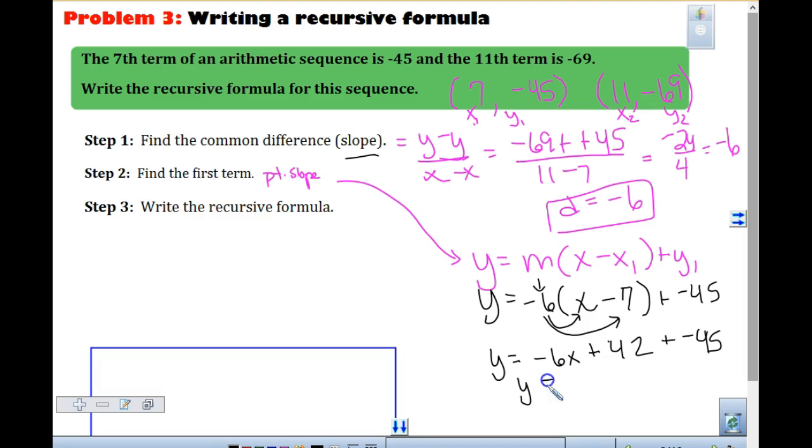So my new equation is y equals negative 6x minus 3. I know my y-intercept is negative 3, right? What is my first term? So if x equals 1, what do I have to do in this equation to find my first term, now that I got this in slope-intercept form?